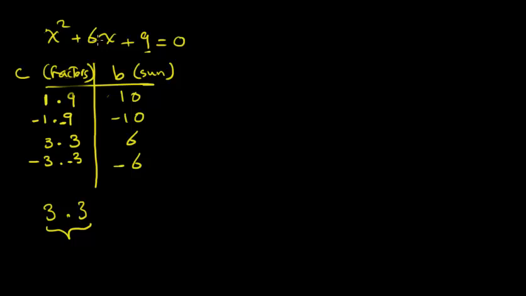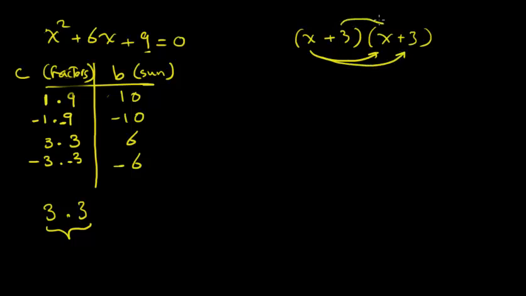So now we can plug these in binomial form, and we'll have x plus 3 times x plus 3. If you multiply it using the same method we used last time, you'll get the same answer as this one.